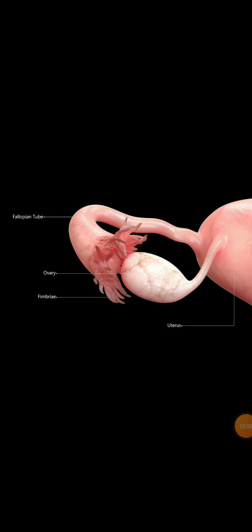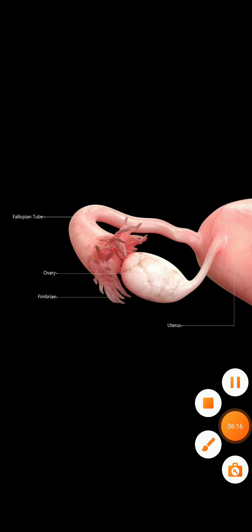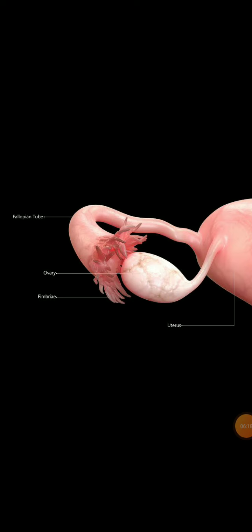Now, if you look at this picture carefully, you will be able to see that these oviducts are not attached to the ovary, right? The only function is what? To carry the egg which is matured and transfer it into the uterus or the womb.